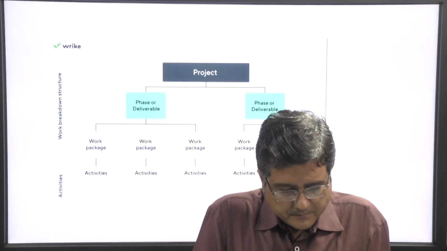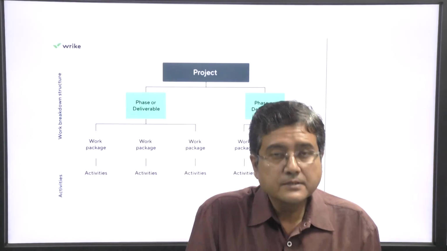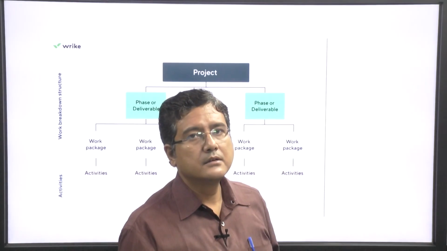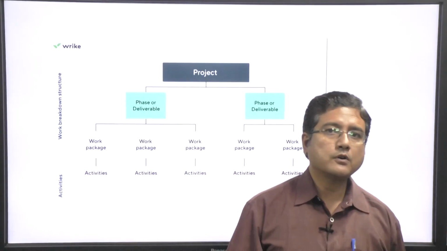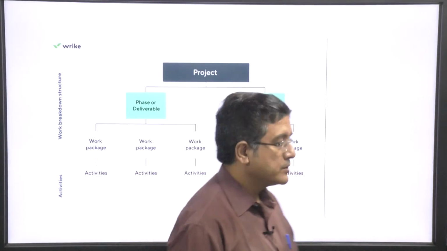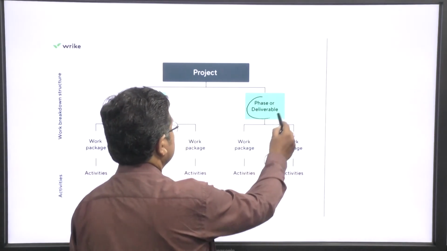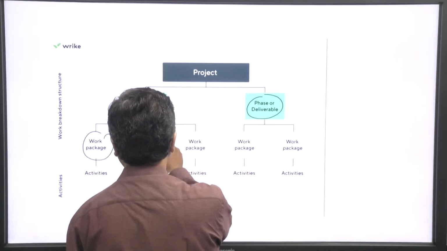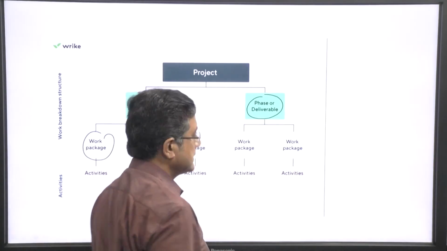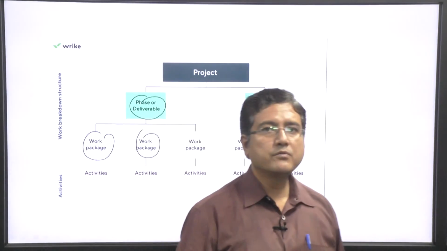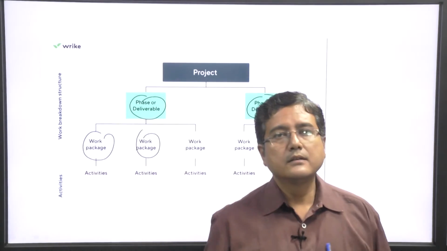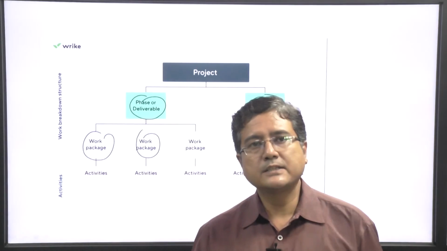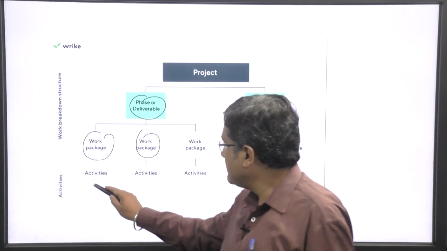See, this is a similar work breakdown structure for our knowledge. Project, these are the deliverables, phases or deliverables, project packages, and these are the activities. We can define more and more by using different types of packages and activities.